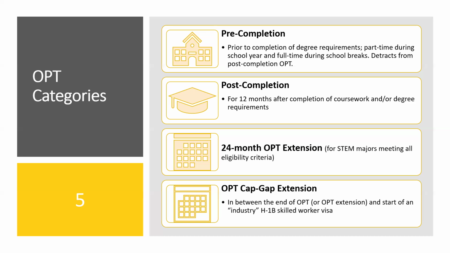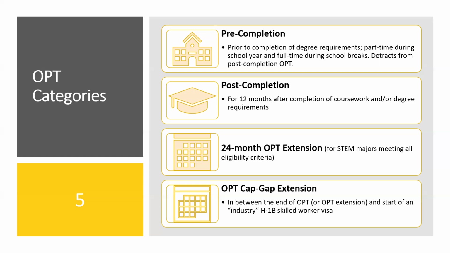There are two possible extensions of OPT. There's a STEM extension, and this is for students who have a major that is designated as STEM by the US Department of Homeland Security. If you're eligible, you can potentially have an extension of 24 months added on to your post-completion OPT.